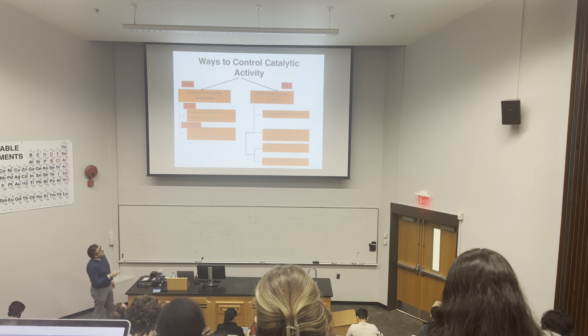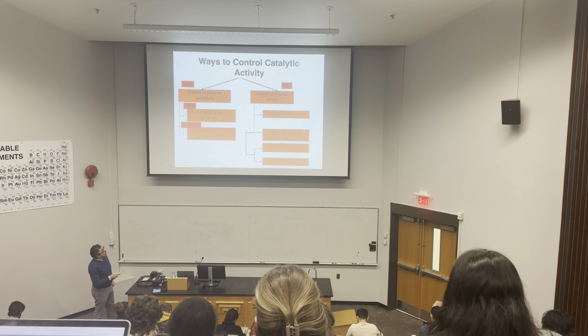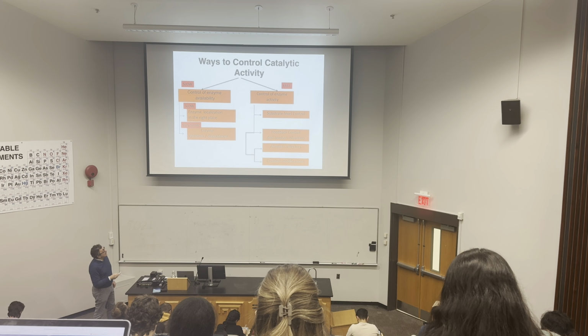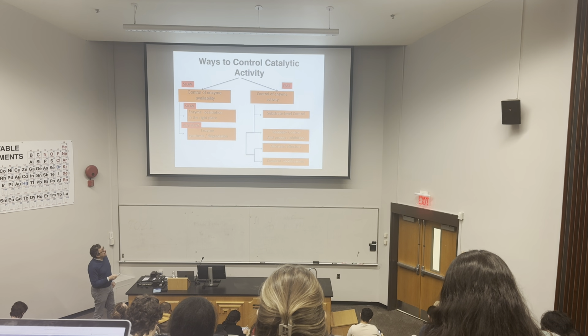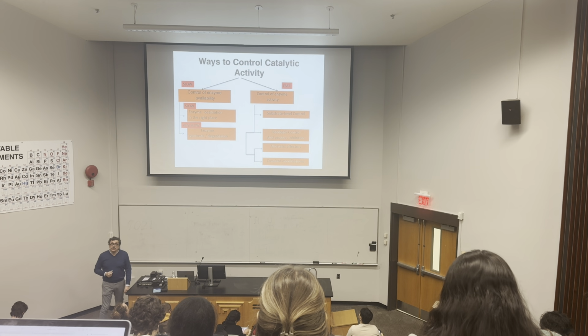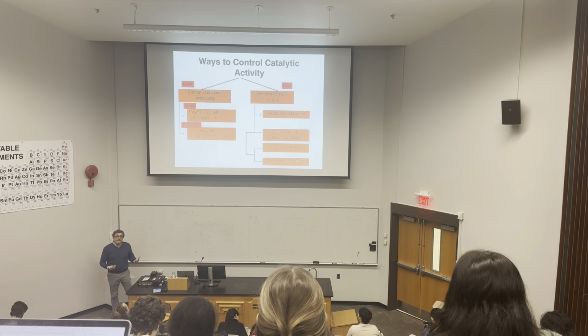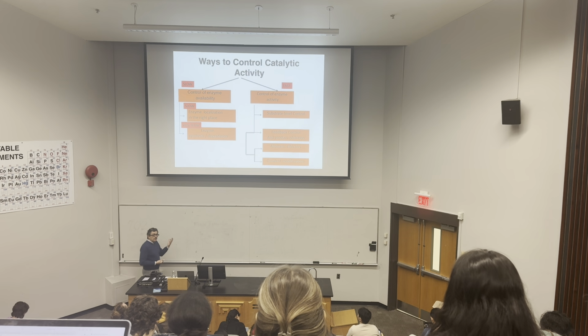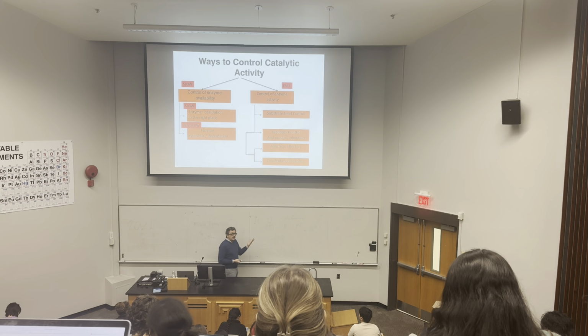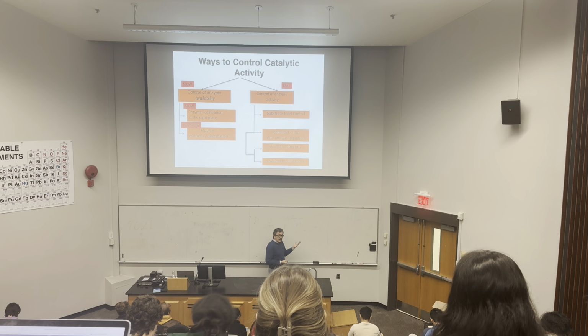Feedback control and product inhibition, those two are related to elements of the pathway that can go back to the first enzymes. Then we can have how those happen. It could be by allosteric effectors or by covalent modifications. Allosteric effectors, imagine what oxygen did to hemoglobin, right?